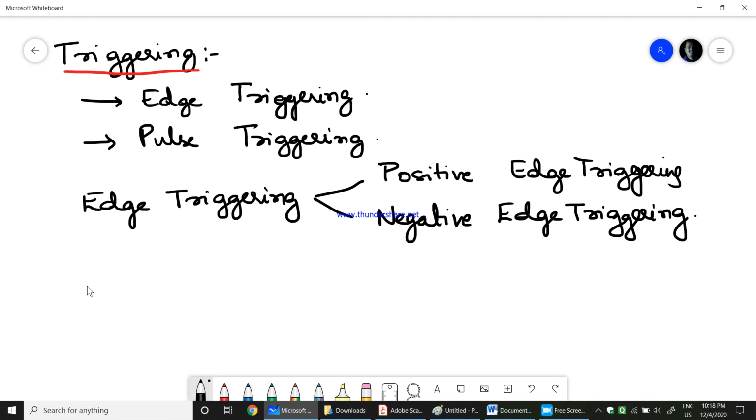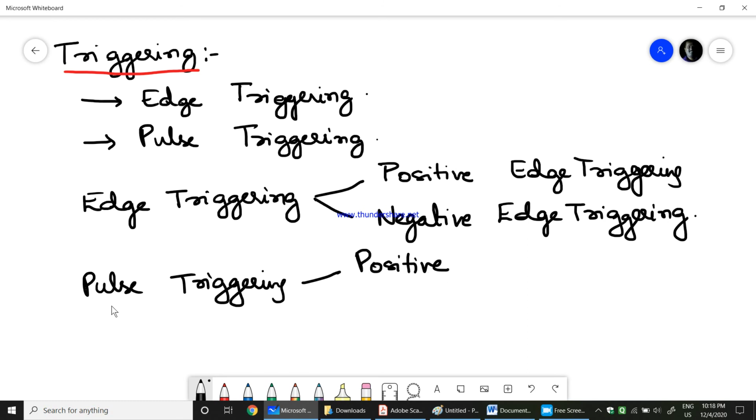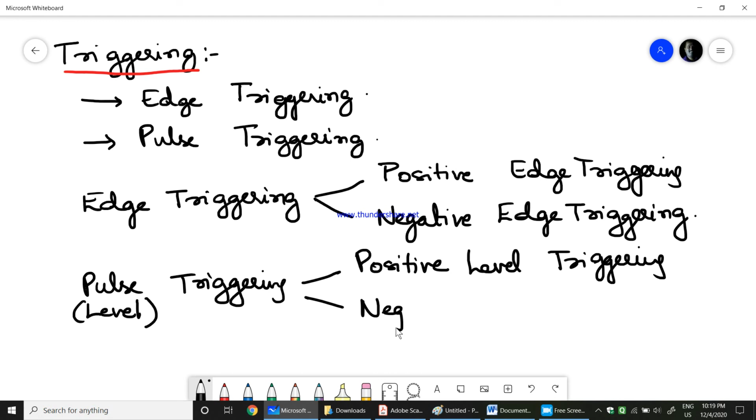Similarly, pulse triggering is of two types. Positive level. This pulse triggering is also called level triggering. So we have positive level triggering and negative level triggering.